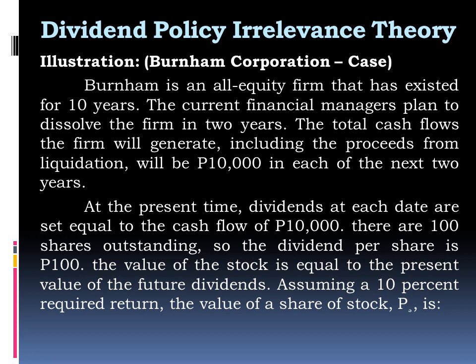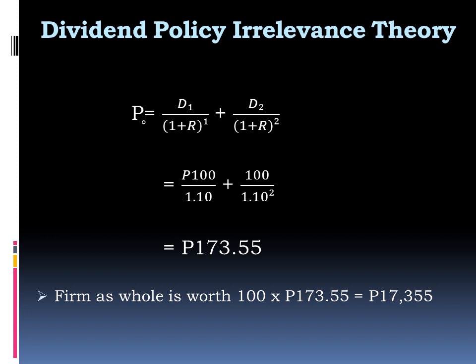The value of the stock is equal to the present value of the future dividends. Assuming a 10% required return, the value of a share of stock today, P sub 0, equals D sub 1 over (1 plus r) raised to 1 plus D sub 2 over (1 plus r) squared.